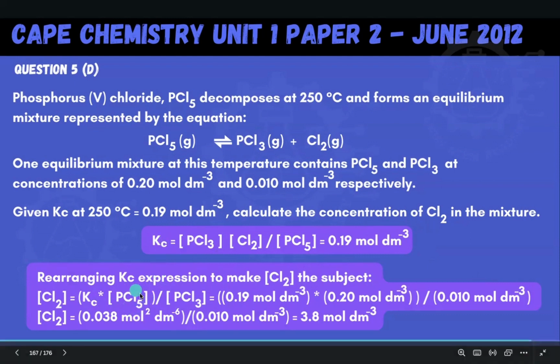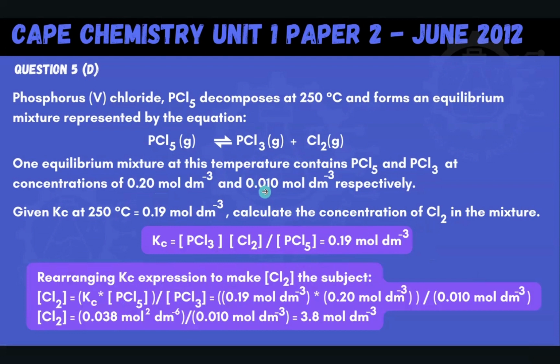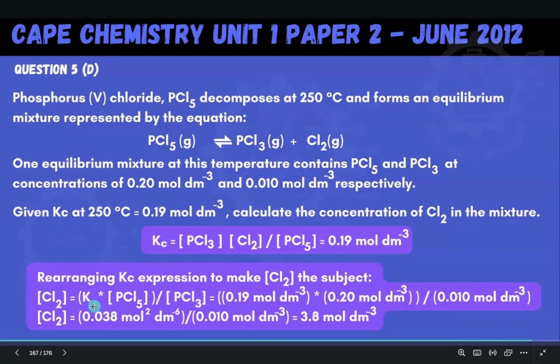And so the values that I'm plugging in here and here are the 0.20 and the 0.010. So I come over here, put my Kc here, and I multiply that by the PCl5, which is 0.20. So that's that here. And then I'm going to divide that whole thing by the concentration of PCl3, which is this. Okay?